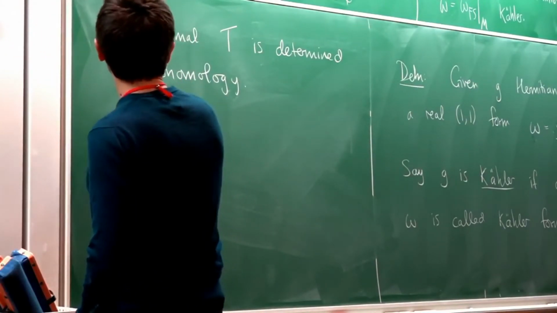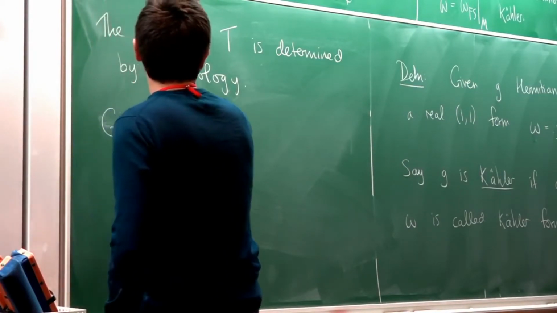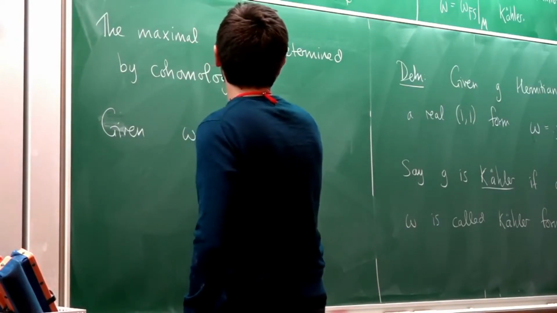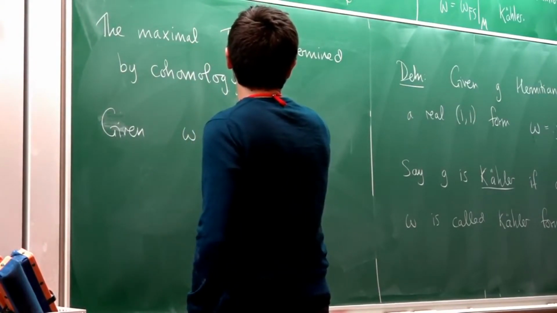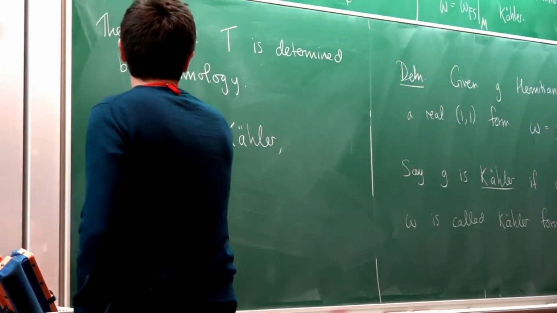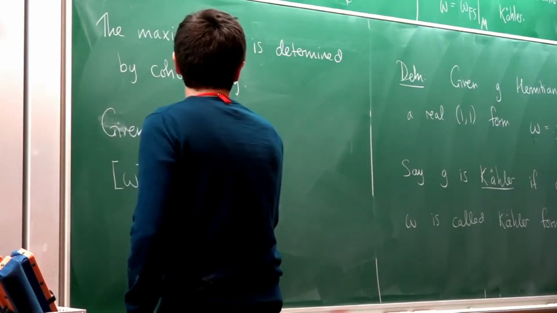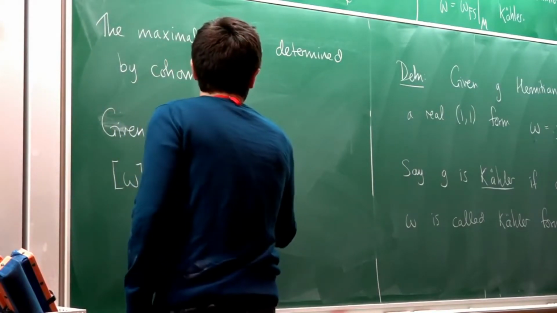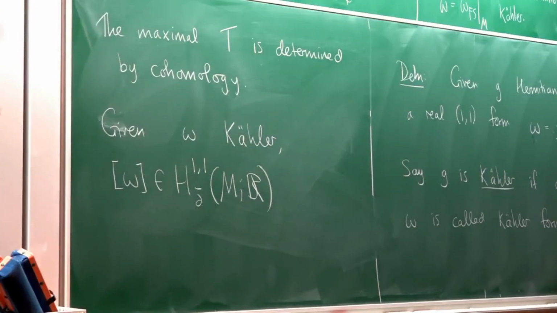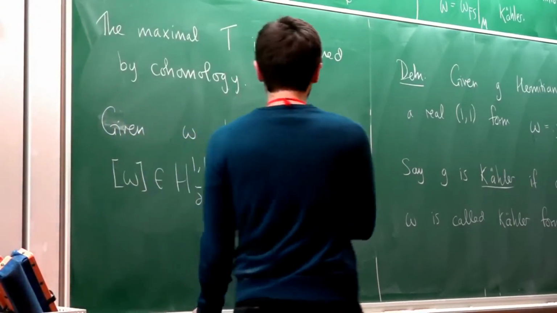So given omega Kähler, I can look at the cohomology class in what I'll call, I'm going to use Dolbeault cohomology. So let me write it like this, H^{1,1} of d bar, M, R. I'm going to just tend to write it just as H^{1,1}.